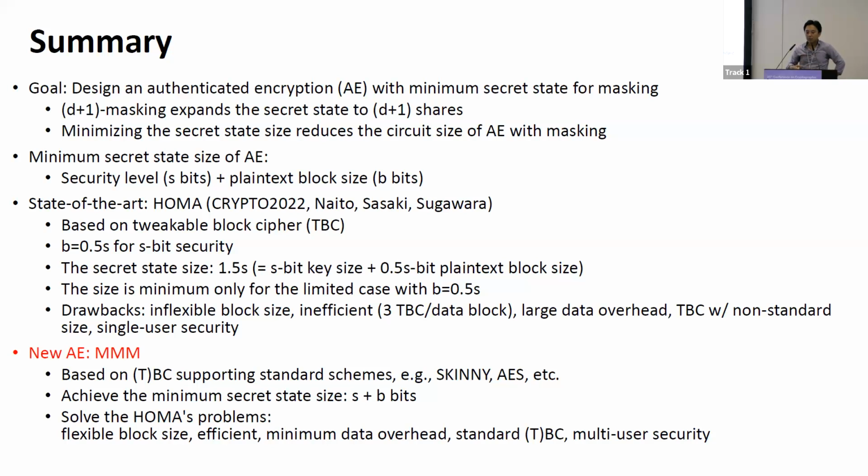So the inflexibility of the plaintext block size is a drawback of Homer. Moreover, Homer is inefficient, and the data overhead is large, and Homer requires a tweakable block cipher with non-standard size, and the security of Homer is ensured only in the single user setting.